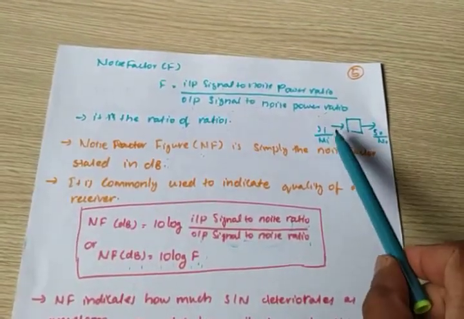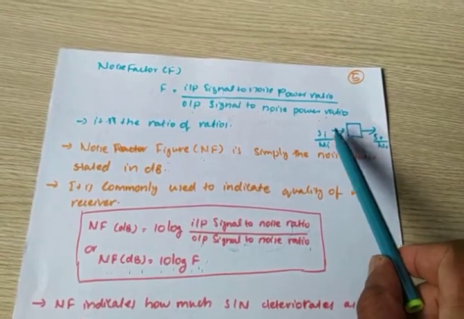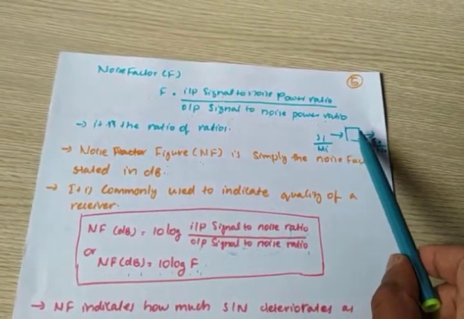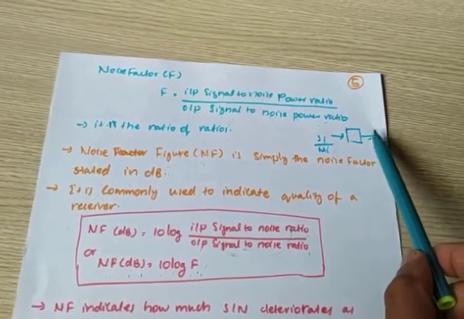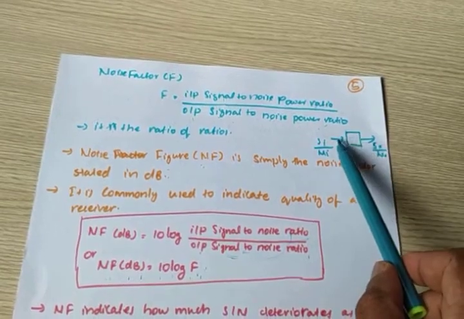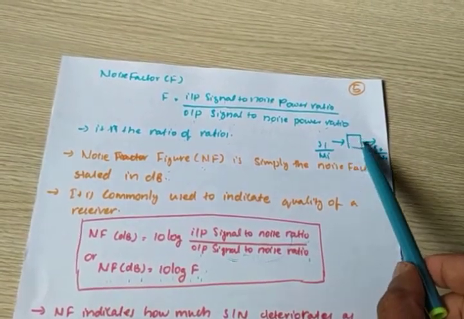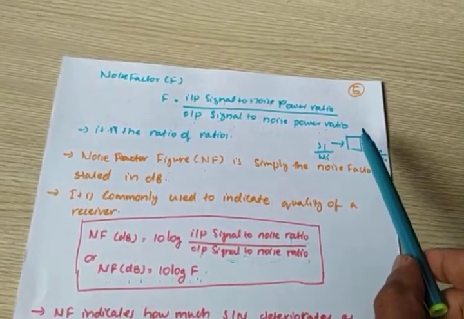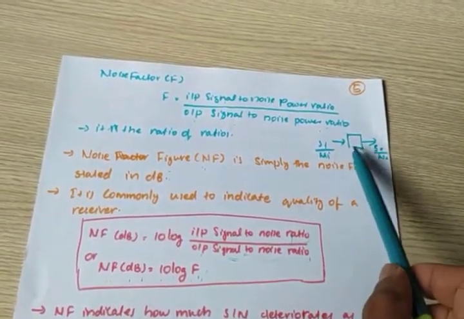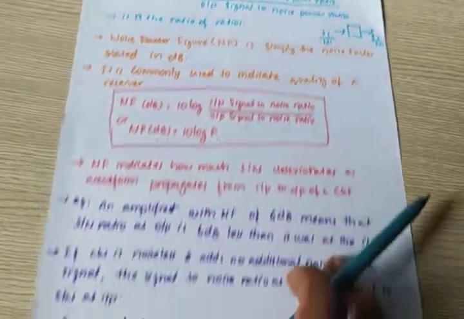See, this is a system, the signal enters and leaves here. As the signal enters the system, that signal is processed by the system and you will get an output. So how much the signal deteriorates as it passes through the system, that parameter is explained by the noise figure.